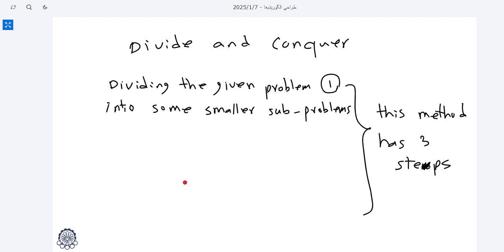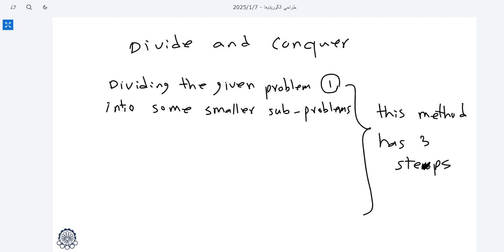For example, suppose you are going to sort a given array. You are given an array of numbers, and you are going to sort the numbers that are in this array.